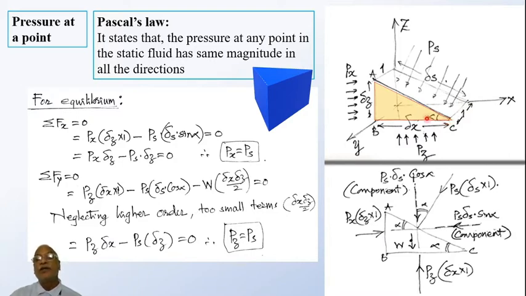So now if I want to calculate the area on the left face, it will be 1 into delta z. Area on the bottom face will be 1 into delta x, and then this inclined face of the prism is delta s, which is an inclined length over here, delta s multiplied by 1.